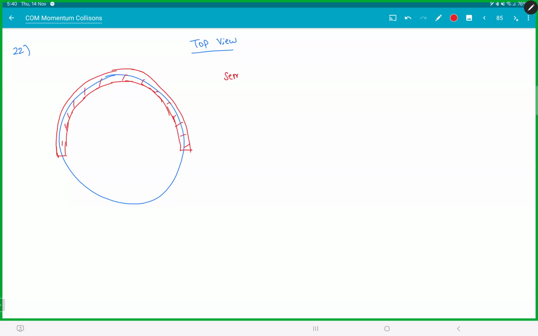This is your semicircular toy train, moving in a circle with constant speed u. So this guy is going with speed u. Mass is m, radius is r. So half of the track is filled with the train only.